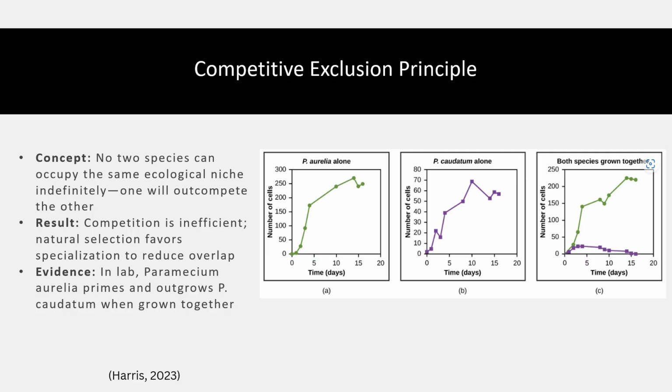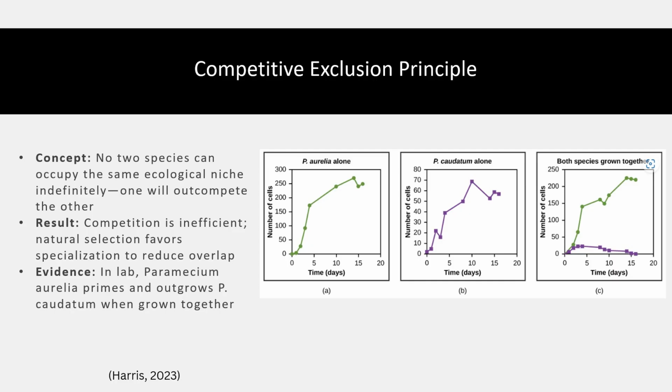One area we see this is in Paramecium aurelia, which outgrows the Paramecium caudatum when they're grown together. So one of them is taking over that area and outcompeting the other one.